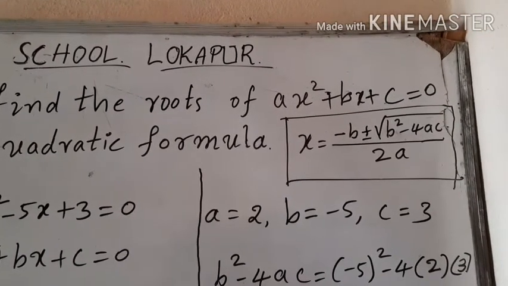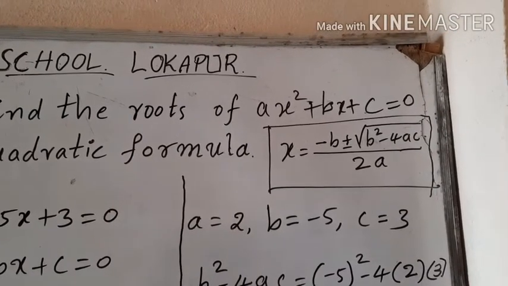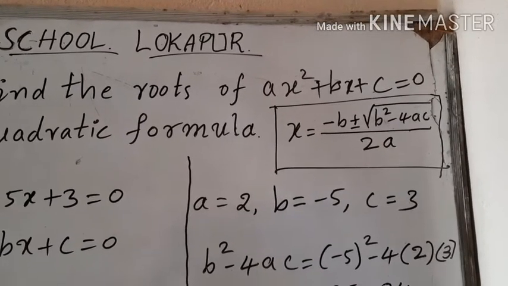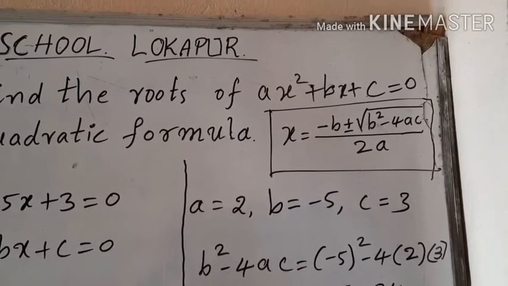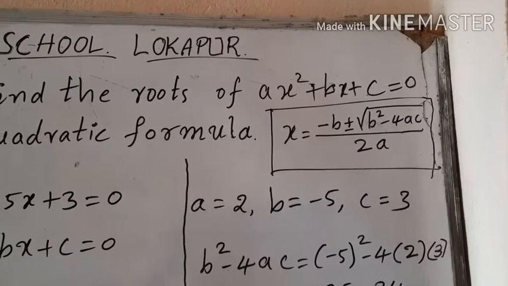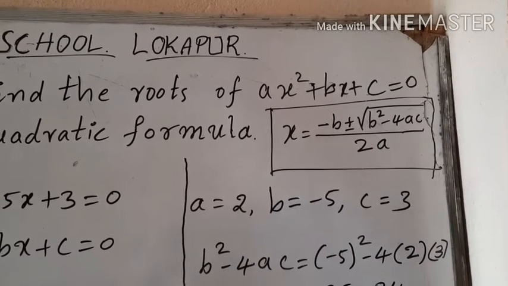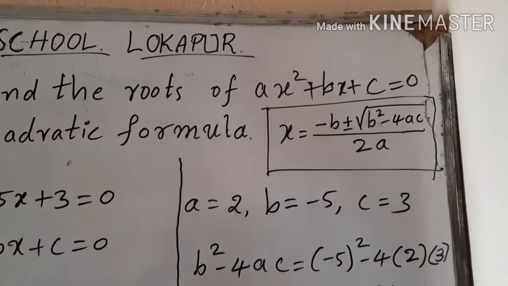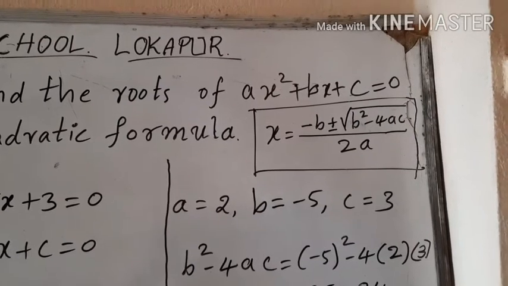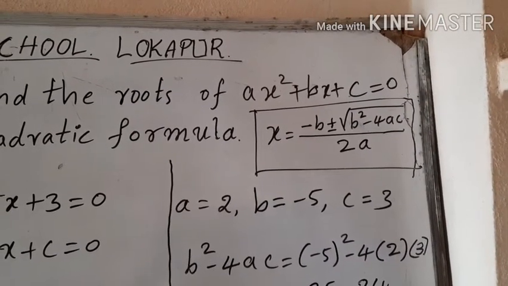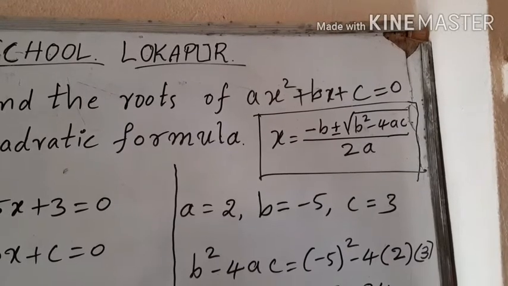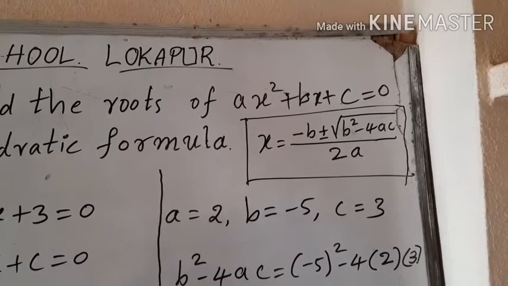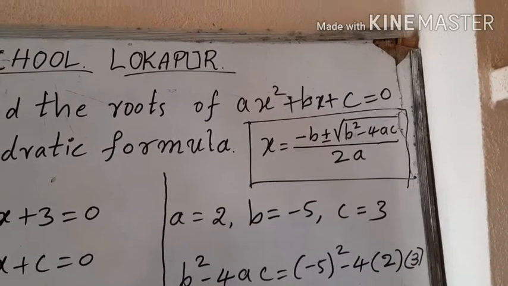Here, ax square plus bx plus c equal to 0 is the standard form of a quadratic equation, where a is the coefficient of x square, b is the coefficient of x, and c is the constant term. So we have expressed the root x in terms of a, b, c as x equal to minus b plus or minus square root of b square minus 4ac upon 2a.